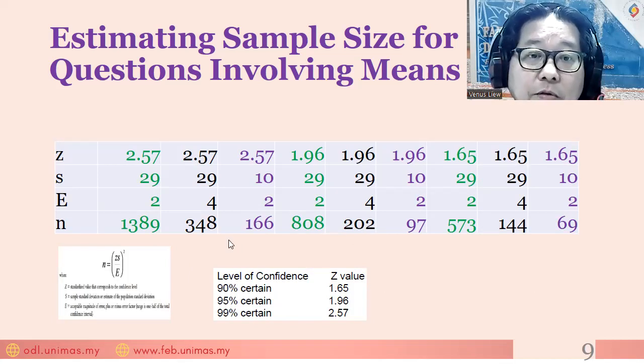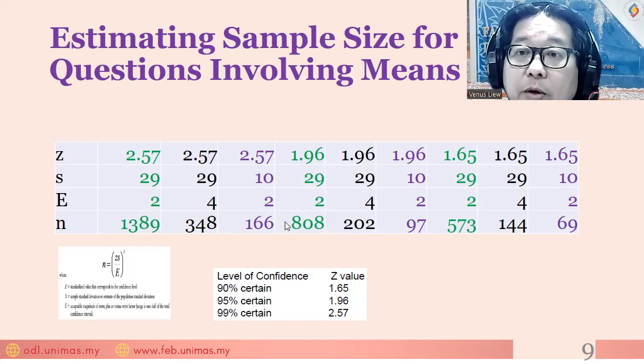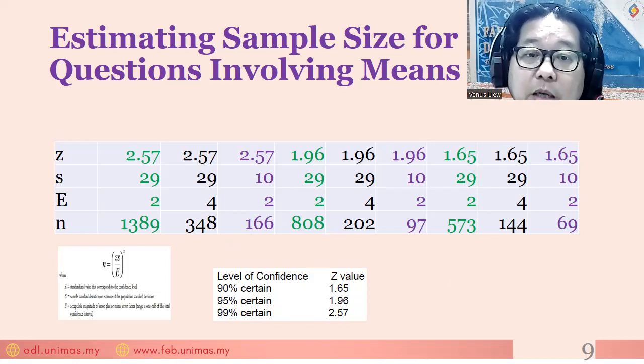So for example, if we have Z as 1.96, that is to be 95% sure, our sample size should be 808. Whereas if we want to be even more sure than that, 99% sure, the Z is 2.57.